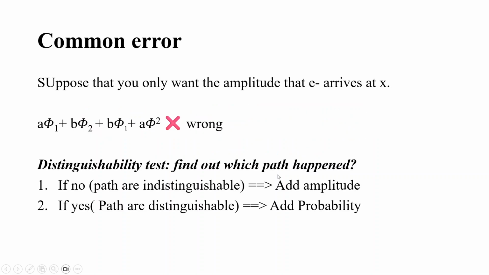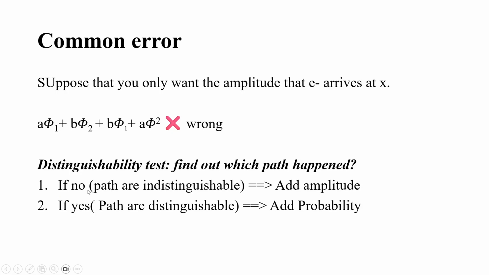Okay. Now the common errors. Suppose you only want the amplitude that the electron arrives at X, then you just do this, A phi 1 plus B phi 2 plus B phi 1 plus B phi 2, which is wrong. Distinguishability test: find out which path happened. So here is a little trick if you are interested.